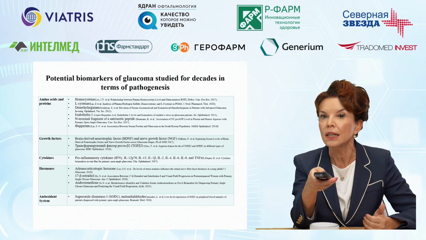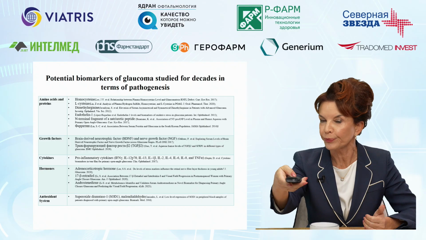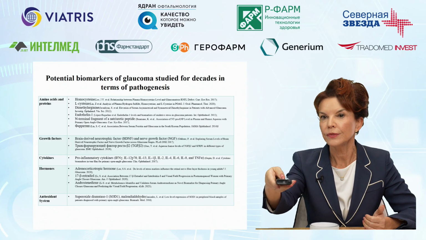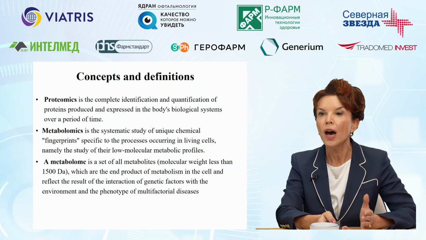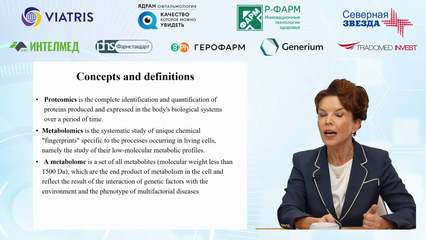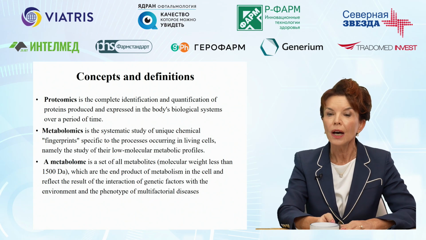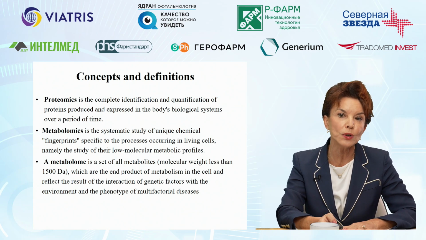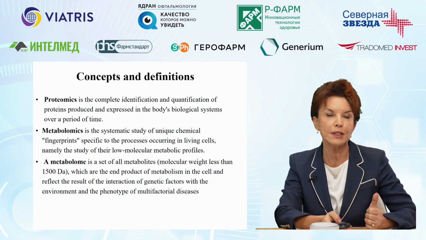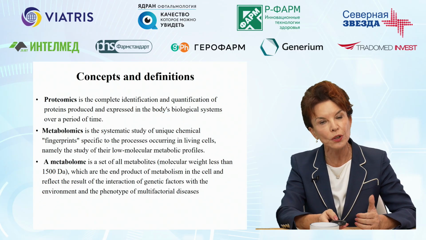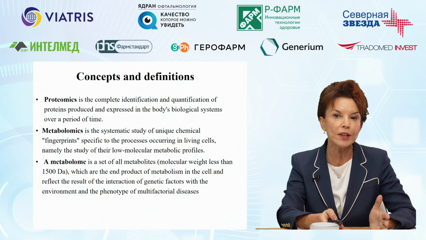Right now, there is the era of systemic studies, and it's not fortuitous that the previous speaker was talking about proteomics. We talked about proteomics, when proteins are being studied, and we're talking about gene diagnosis and treatment, but I would like to draw your attention to metabolomics, which as of today is called the systemic study of unique chemical fingerprints specific to the processes occurring in living cells.